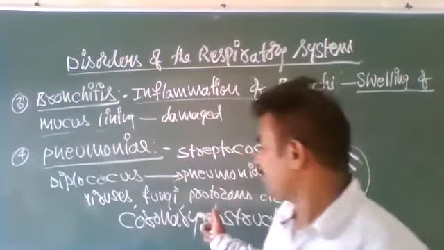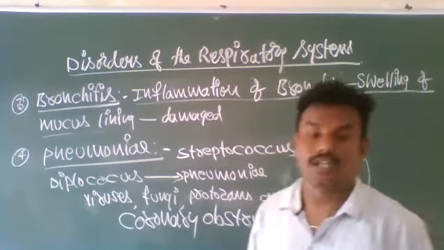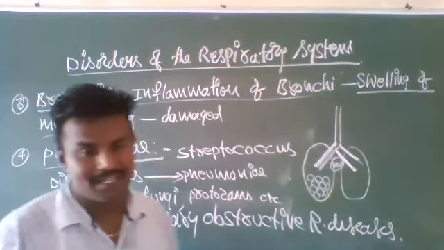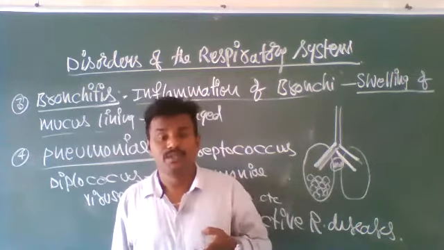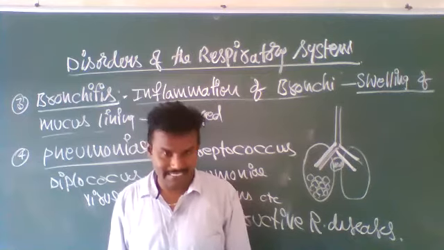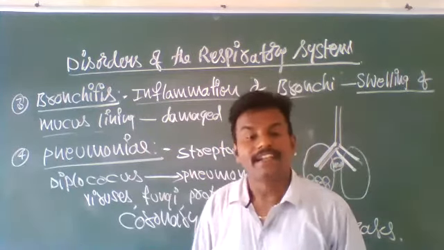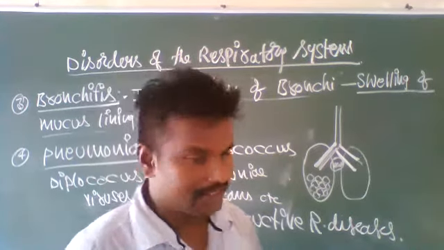Due to these, the arteries related to respiration also get blocked and damaged. That's why these are called chronic obstructive respiratory disorders.